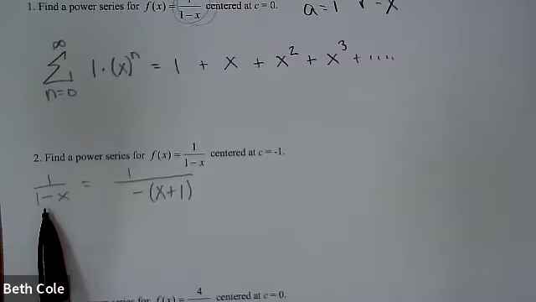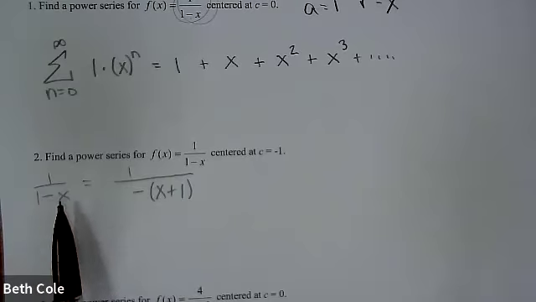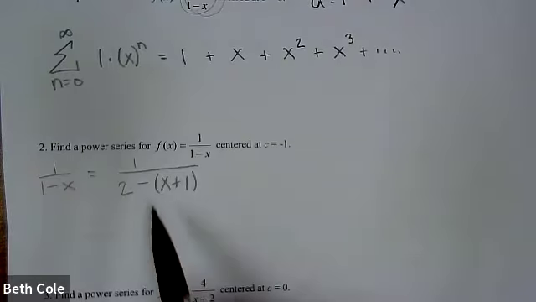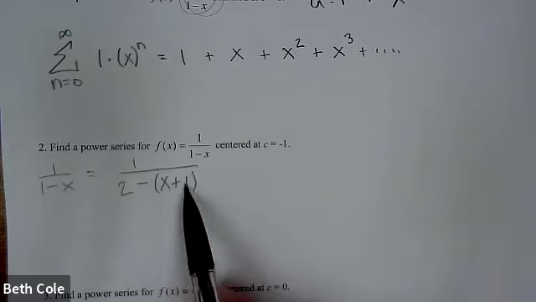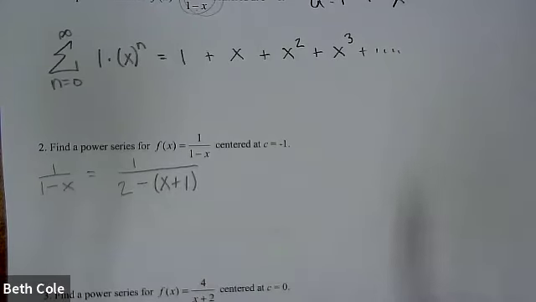You have to maintain the integrity of the problem. I still need it to be algebraically 1 minus x. Good. Why would a 2 go there? Because that is correct. If you were to distribute this negative, you would have 2 minus x minus 1, which would then equal 1. Okay, cool. We're on board. So we did step 1. It's centered correctly. What is step 2?